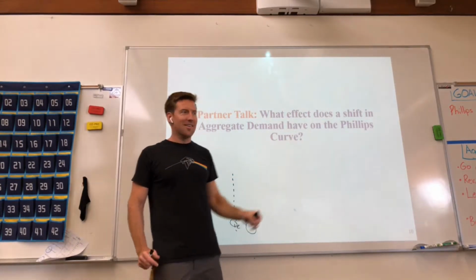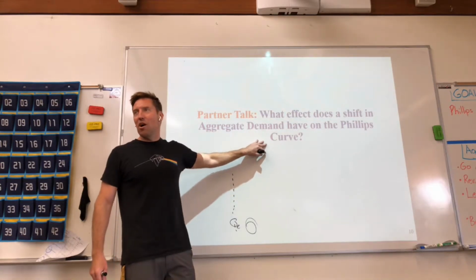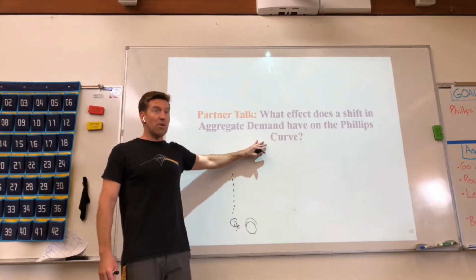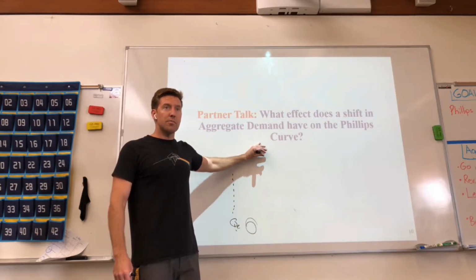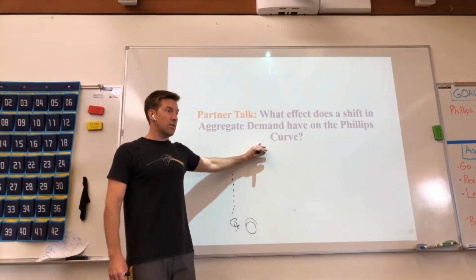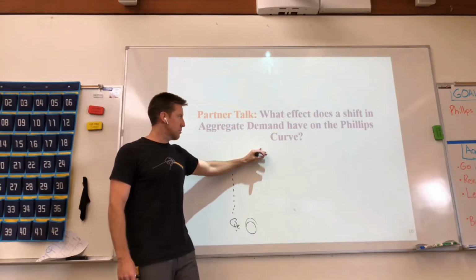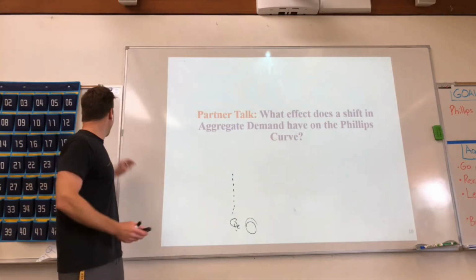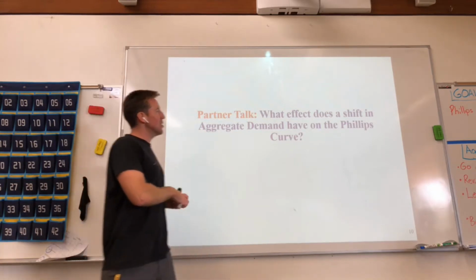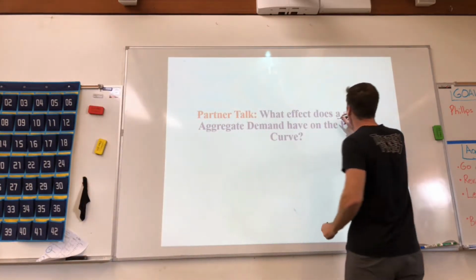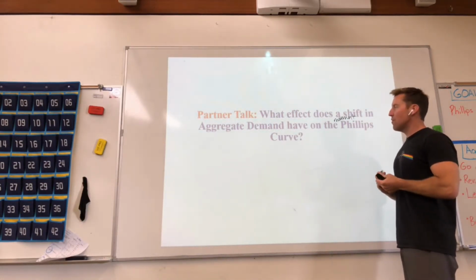I'm going to say it again. A shift in aggregate demand results in a movement along the short run Phillips curve. So a shift in aggregate demand will result in a movement along the short run Phillips curve.